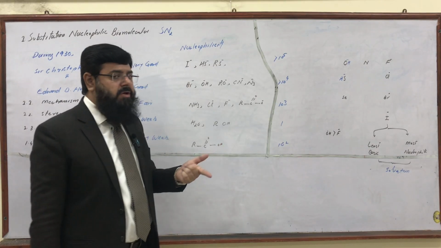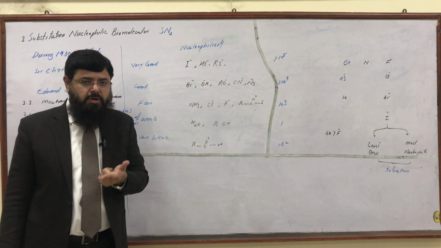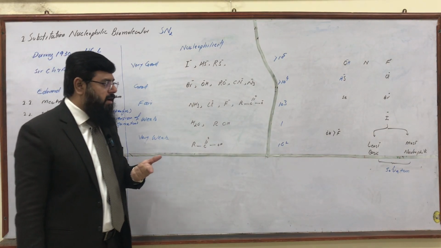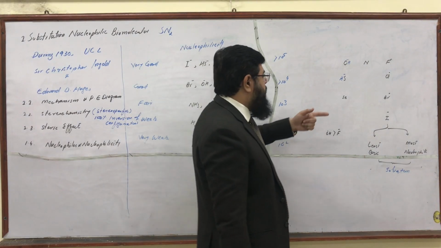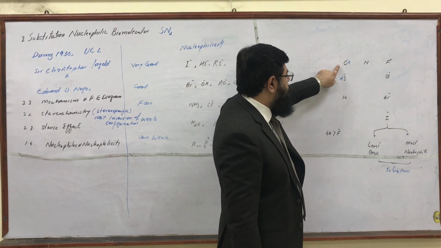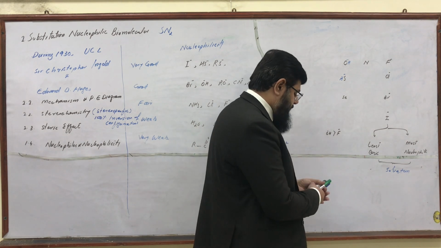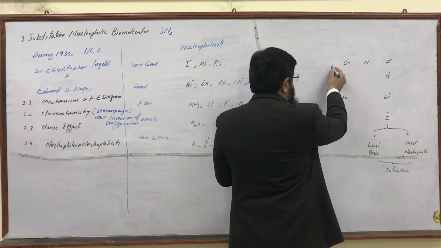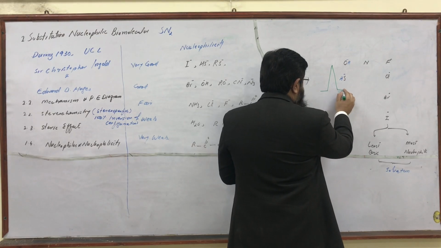So how can we identify which nucleophile carries more nucleophilic character and which one is weak towards its nucleophilicity? The one criterion is their size. We know that when we move down a group, there is an increase in size. So when we move down in a group, the size of the particle increases.